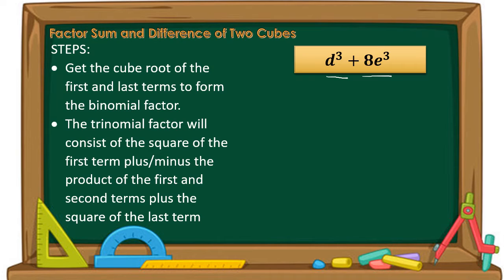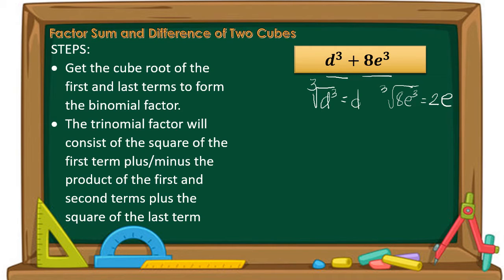So get its cube roots. The cube root of d cubed is equal to d. Then the cube root of 8e cubed is equal to 2e.